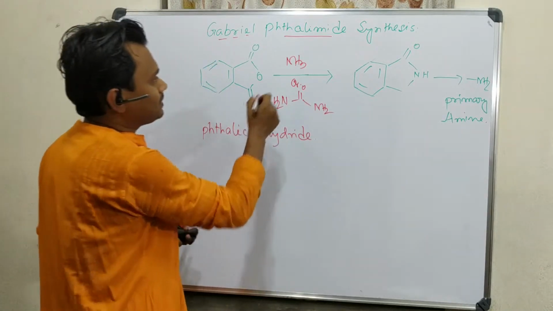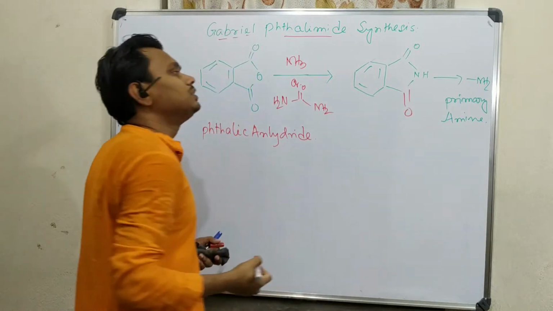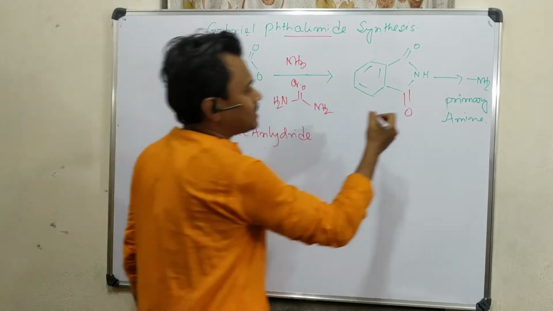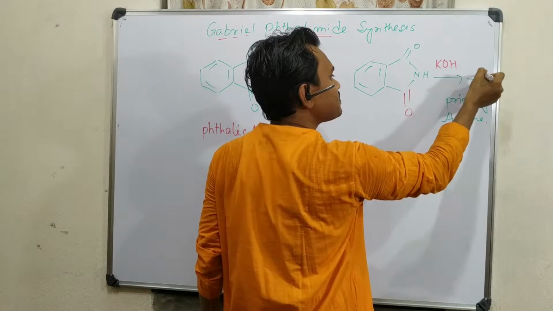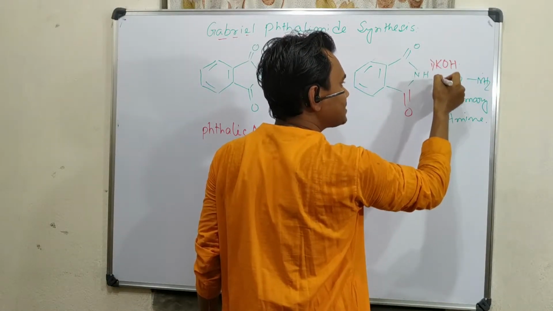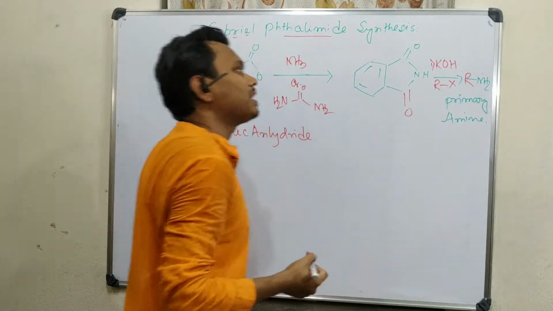Okay, phthalic anhydride, and this produces this phthalimide. Sorry, here should be a carbonyl. This phthalimide, in presence of base like KOH, produces the potassium salt first, and in the second step, RX produces RNH2. That is the primary amine.